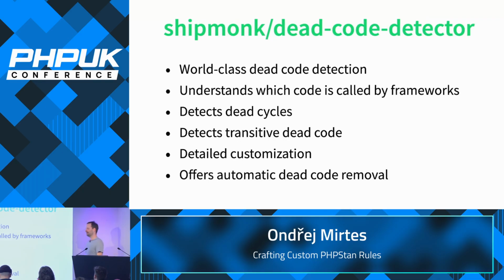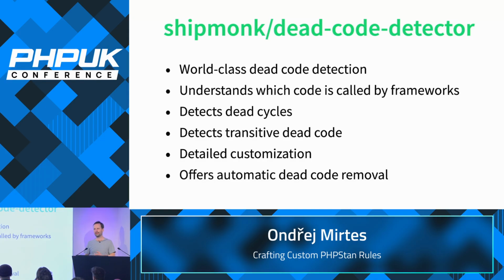If you're not yet using the code detector, it's really awesome. It's really world class. I was doing some research and I didn't find a tool for any other language that would go to such depth in detecting dead code. So if this extension for PHPStan tells you that some piece of code is safe to delete, you can be pretty sure that it's safe to delete, and it's very customizable.